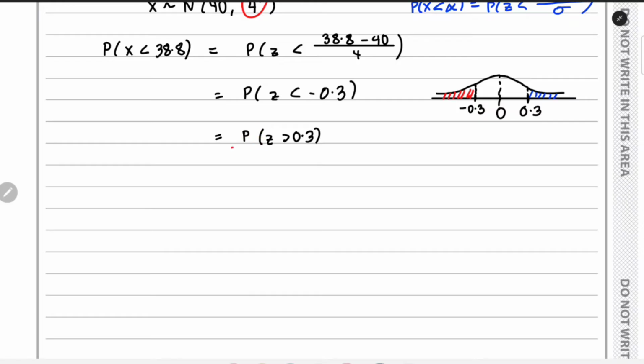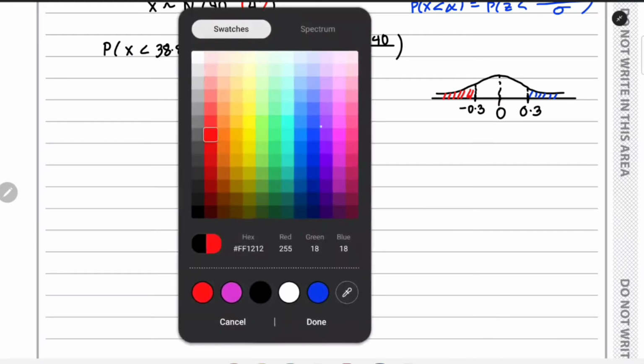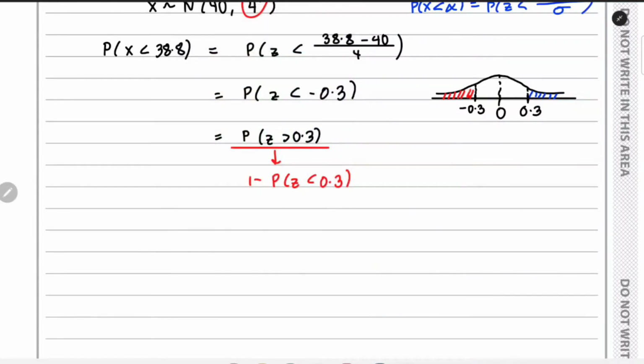Now we can write this as 1 minus the probability z less than 0.3. If we subtract the green area from 1, we'll get the blue area.